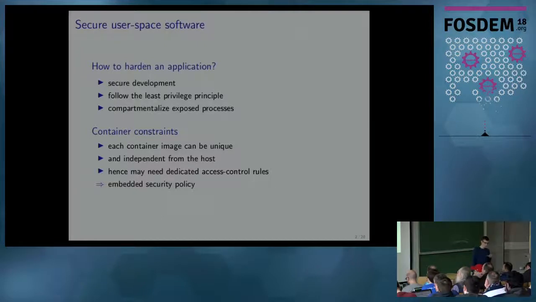What's inside a container image may be unique, so you need to have a security policy tied to this container, to the services running on it. And this security policy should be independent from the host, because the container is something standalone.